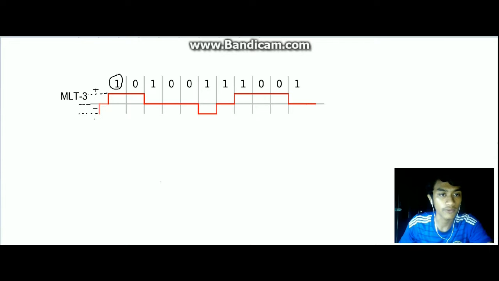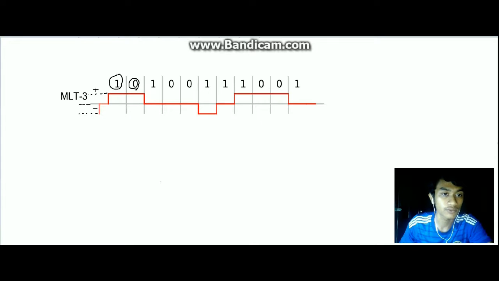And here we have an example of a set of bits, and we start from neutral. The next bit is 1, so there is a change. So we will go upwards to the positive level here, and then the next bit is 0.